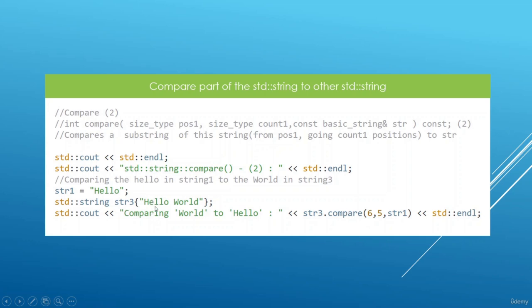If you count 0, 1, 2, 3, 4, 5, 6, the W is at index 6. We are going to say we want to start at index 6 in str3 and we want to go 5 characters. So 1, 2, 3, 4, 5, we're going to have the world here, and we want to compare that to str1. So we are basically comparing world to hello, and world comes after hello in alphabetic order, so this is going to be something positive. This is what we're going to get here.